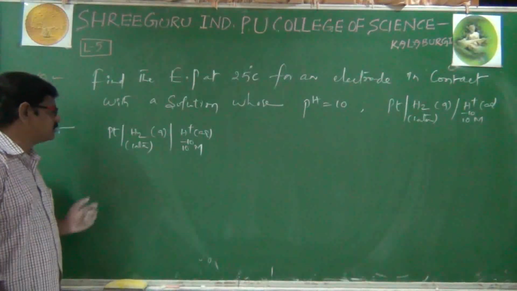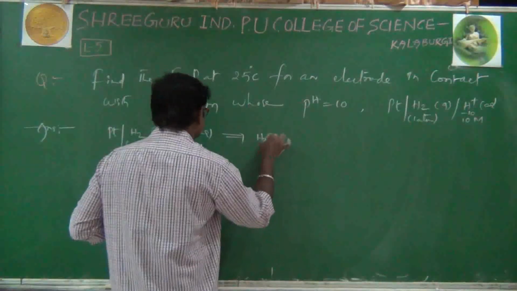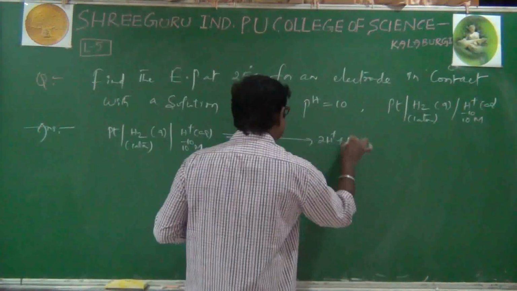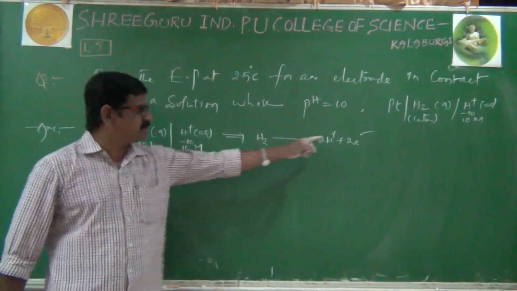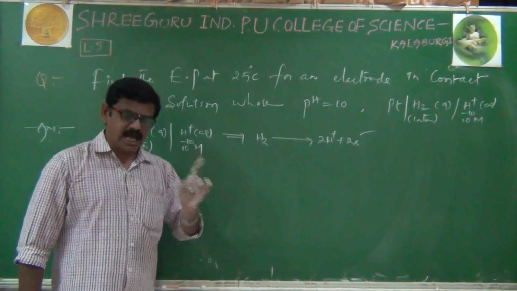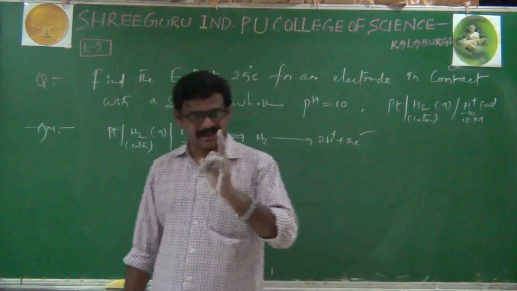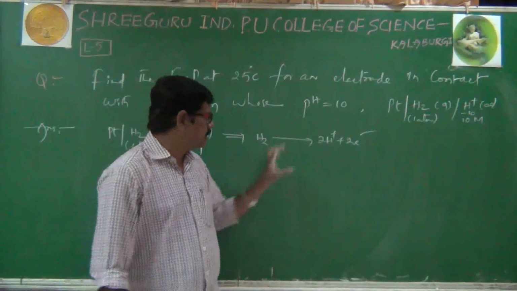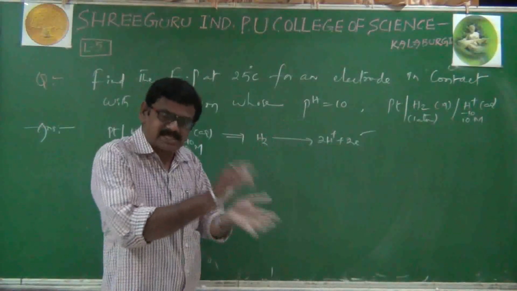And here what we have to do, see the symbol H2 by losing electron converted to 2H plus. Then the symbol meaning is oxidation process. But our Nernst equation is exclusively related to reduction process only. That's what I am doing now. This oxidation process I am changing into reduction process.